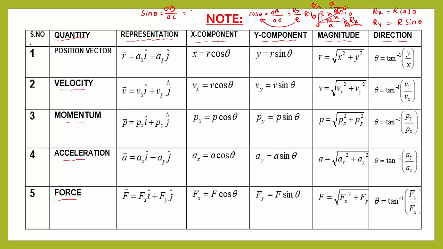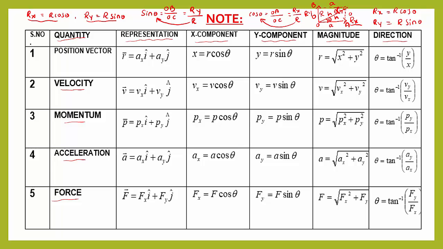OB value is Ry, OC value is R. So Ry equal to R sin theta. So Rx equal to R cos theta and Ry equal to R sin theta are the components of vector R that we studied in the previous class. And we also derived an expression for magnitude and direction. That is the general equation.